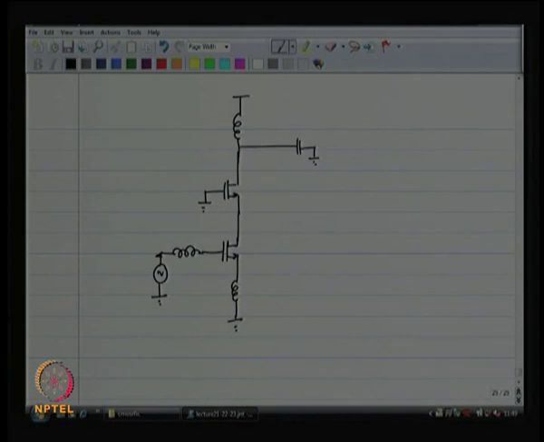This is what my signal sees. Now, when we are going to talk about noise, we have to realize that my signal has a resistance associated with it, that is number 1. Number 2 is looking in here, from the gate, because it is a matching network, the model for my voltage source is something else.